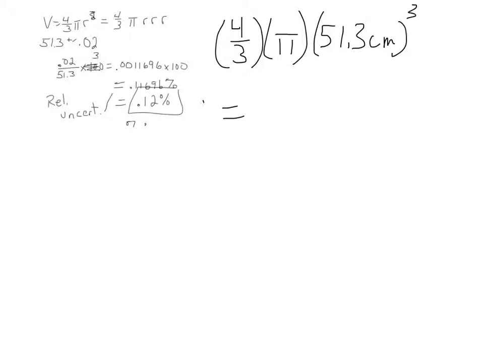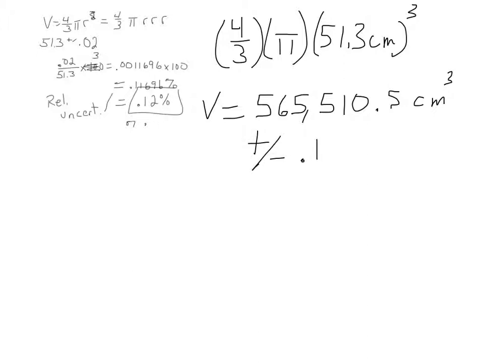And that gives us a volume of what? 565,510.5 cubic centimeters. Okay, we always make sure we add our units in there. And so this is our volume, plus or minus 0.12%. Now we simply have to convert our percentage to an actual absolute value.